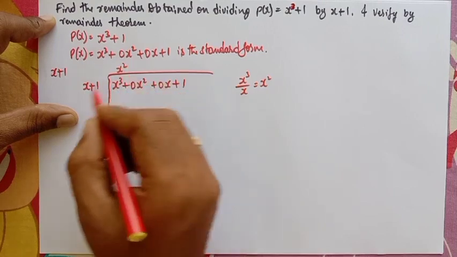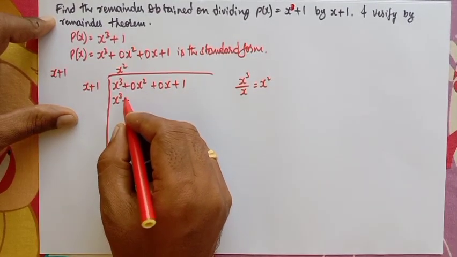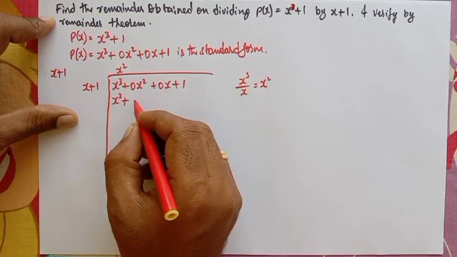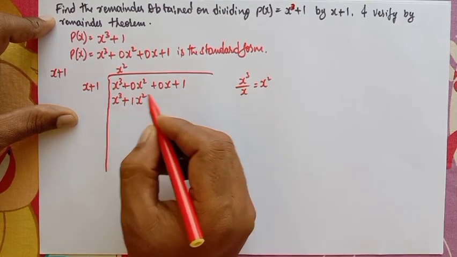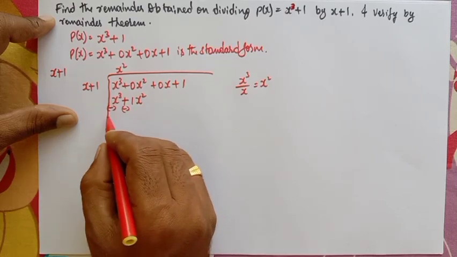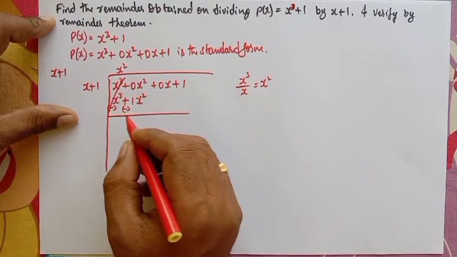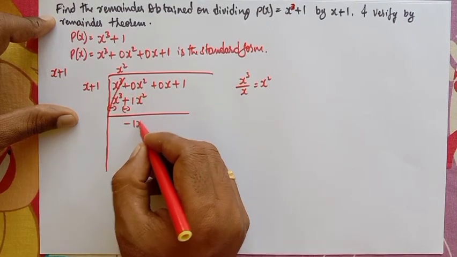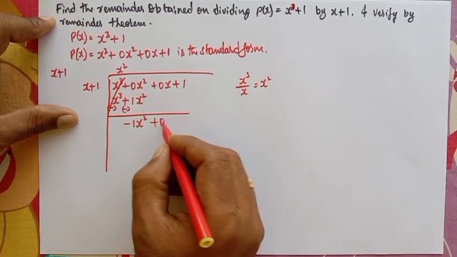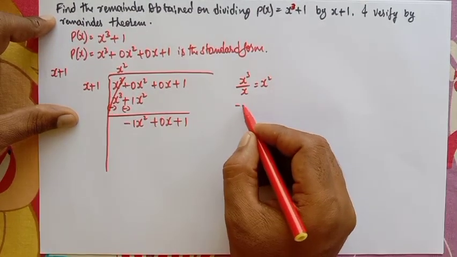So x square, x into x square is x cube plus 1 into x square is 1x square. Here minus sign, as there is plus, here also minus sign. So plus x cube minus x cube cancels. So here minus 1x square plus 0x plus 1. Here minus x square is there.